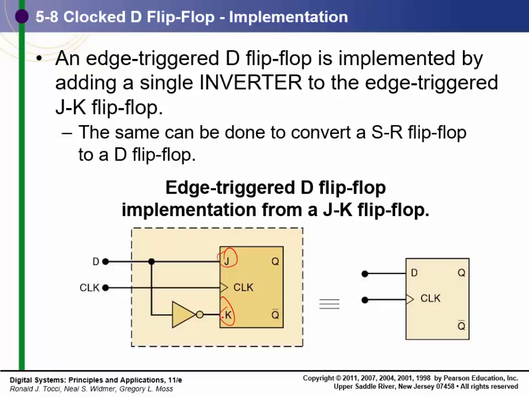So this simply generates a D flip-flop from a JK flip-flop. That's why the JK flip-flop is such an important one. And there's another one not talked about in these slides, called a toggle flip-flop, which just simply ties JK to 1. All that does is toggle every time the clock is set.